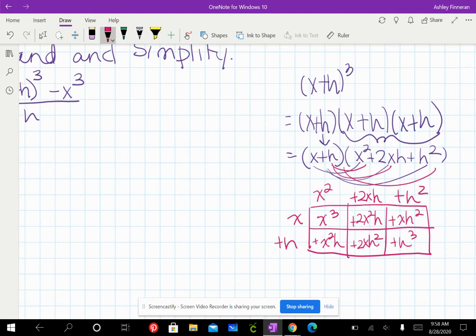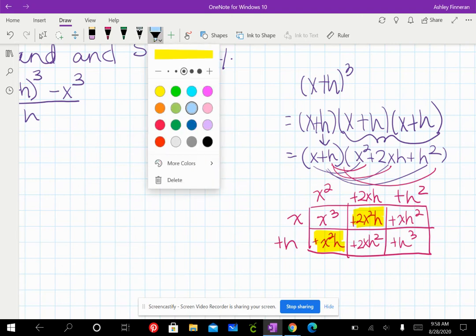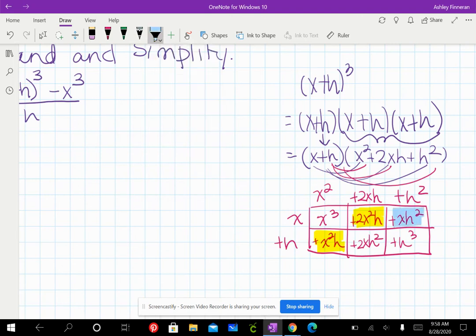One recommendation I do have is to put the variables in the same order so it's easier to see like terms. So if in some terms x is first and in some terms h is first, it might be confusing. But if you notice here, I have 2x squared h and x squared h, and then xh squared and 2xh squared.